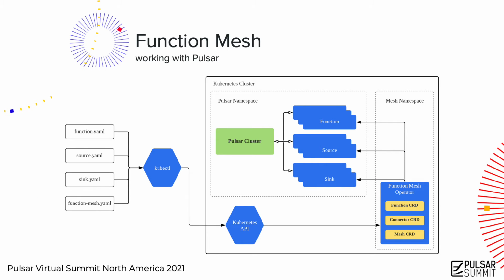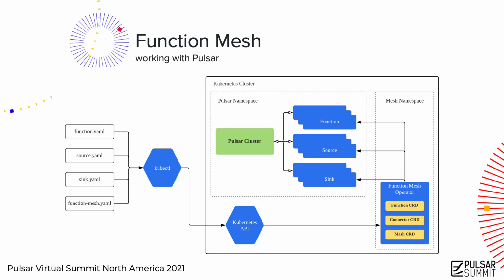This diagram shows a typical user flow of function mesh. The user first prepares the CRD of function mesh resources, like a function kind YAML file, a source kind YAML file, or even a function mesh kind YAML file. Instead of using Pulsar admin or Pulsar ctl to create or manage functions, we can now use kubectl to submit the prepared function mesh CRD manifest file directly to Kubernetes clusters.